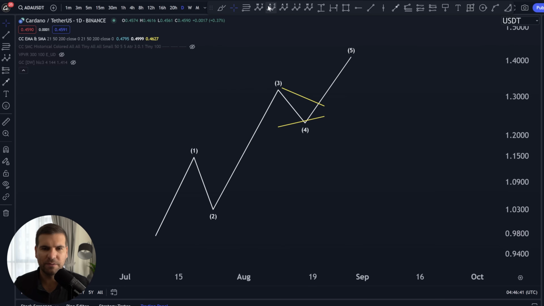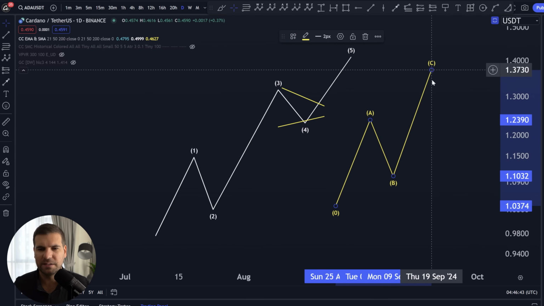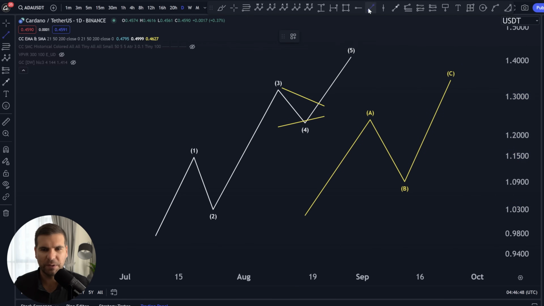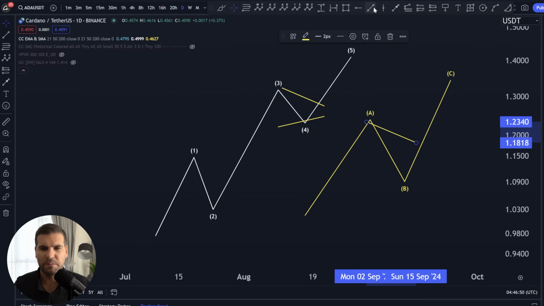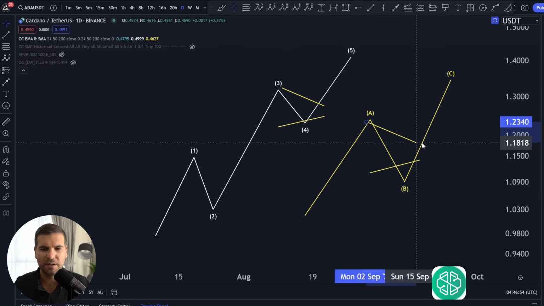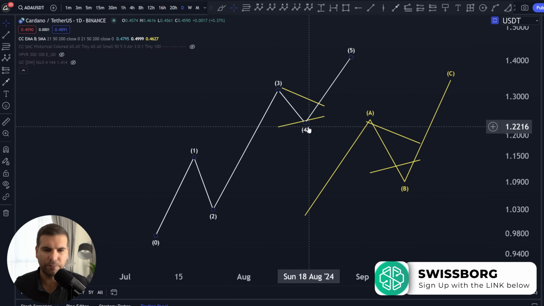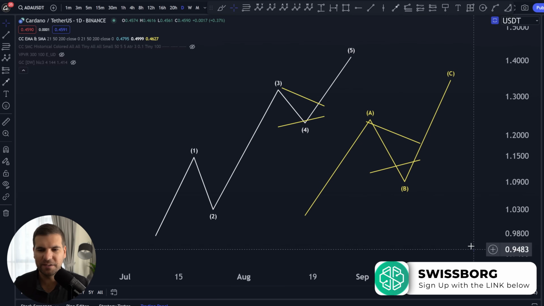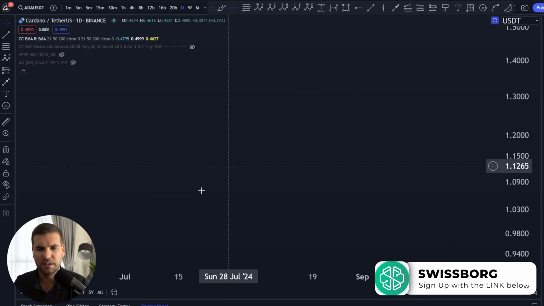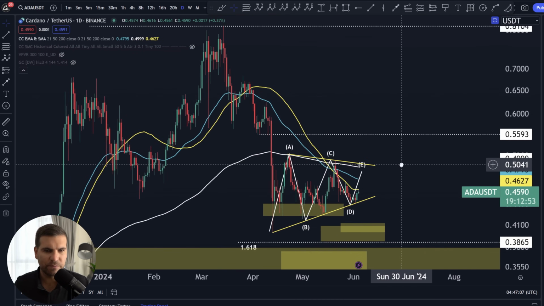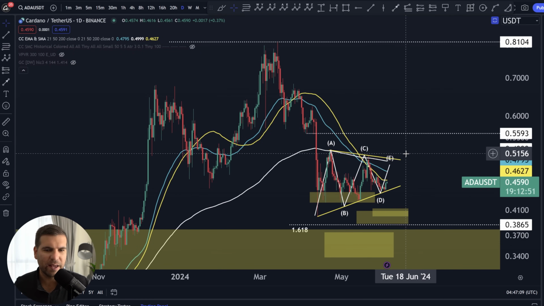Then, of course, you have your A, B, and C patterns, and if this is the case, then a triangle can only appear in your B wave. These are the only 2 places that you can ever find an Elliott wave triangle, wave 4 or B wave, right? So knowing this means that if we are in fact tracking a triangle pattern, everything else that's going on for Cardano here is either a wave 4 or a wave B.